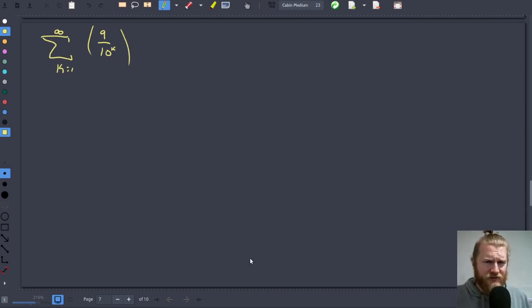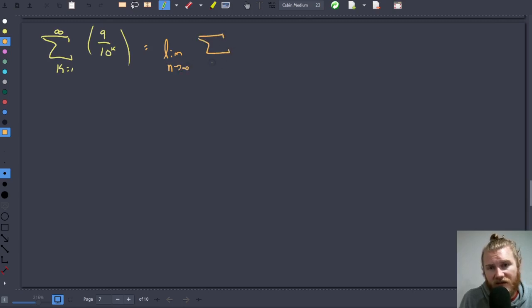What we want to do is write this as the limit as n goes to infinity of the sum from k equals 1 up to n of 9 over 10 to the k. We call this the partial sum, S sub n, a sum up to the nth term.